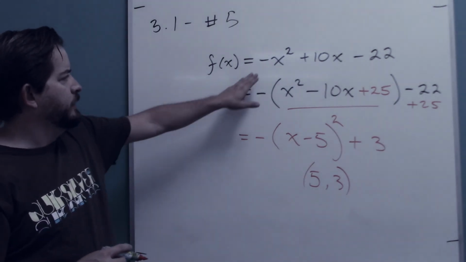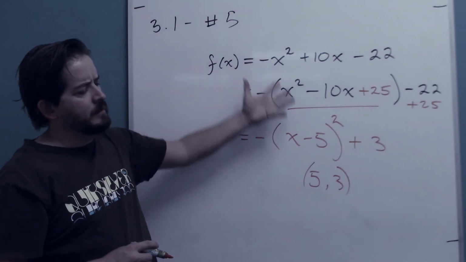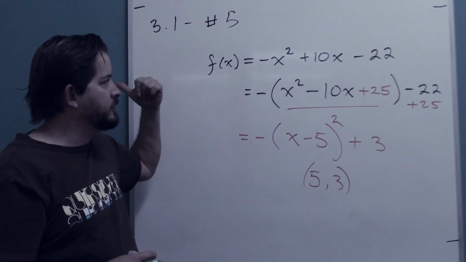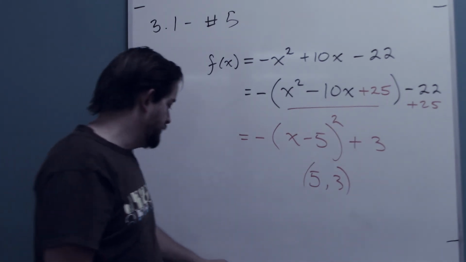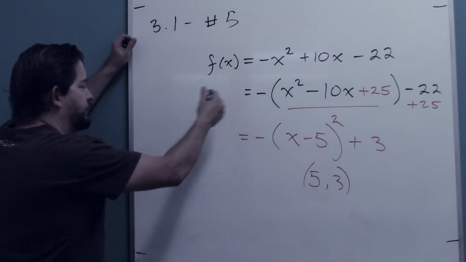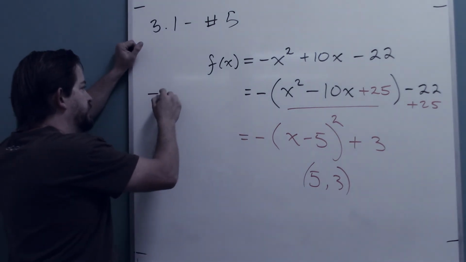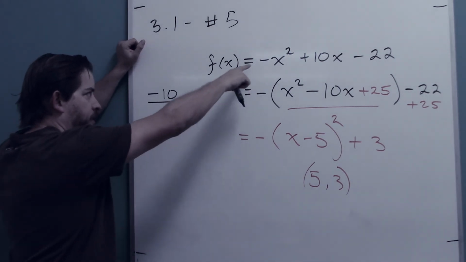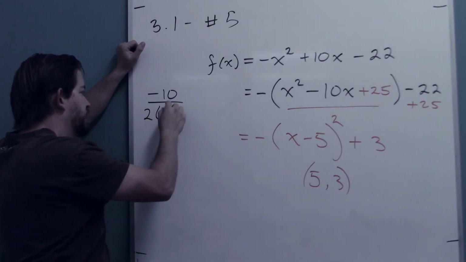And again, on this one, whenever there's anything in front of that, you may not want to go through this process because you do have to be careful, but definitely try it the other way. And we can try it the other way and make sure that, you know, we didn't goof up. If we go negative b over 2a, that's negative 10 over 2 times negative 1.